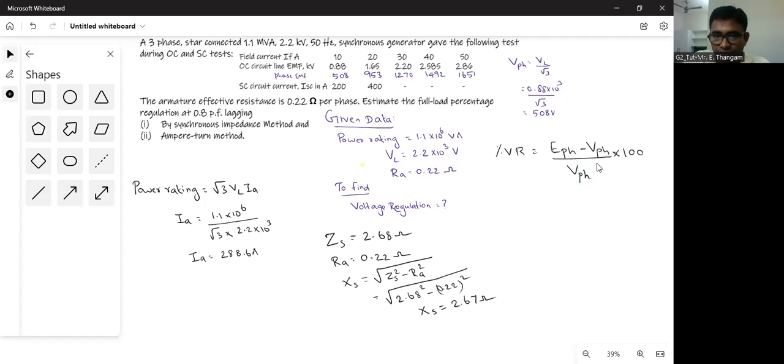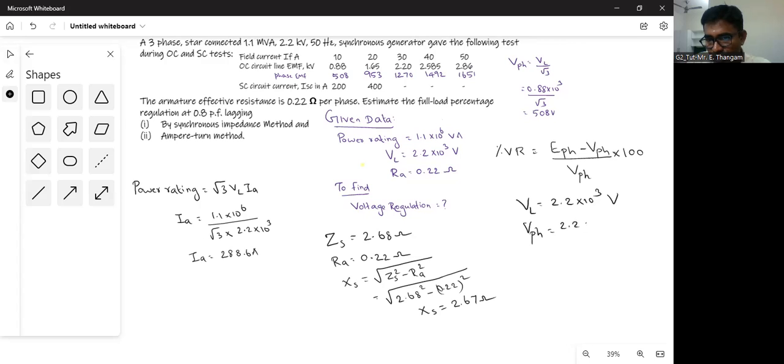For this, the V phase value is given in the problem. Find our VL value. VL for this problem is given as 2.2 into 10 to the power 3 volts. From this we can calculate V phase as VL by root 3.